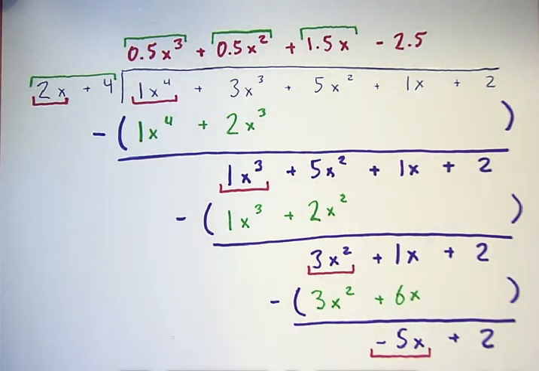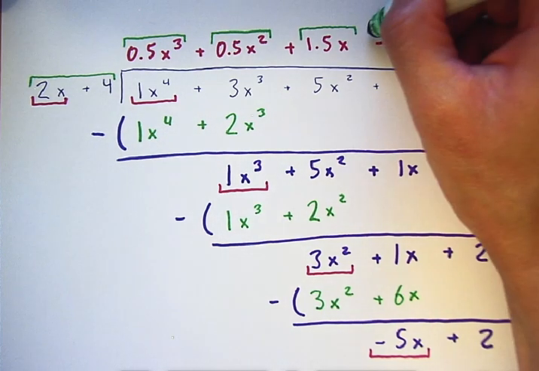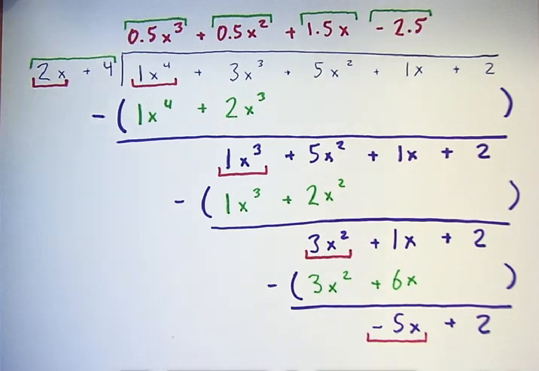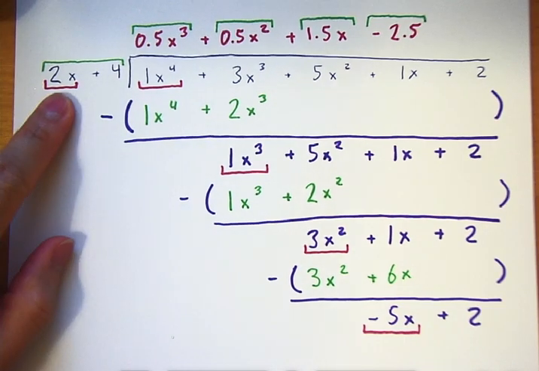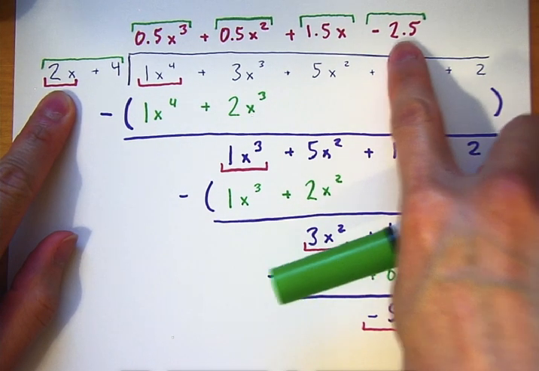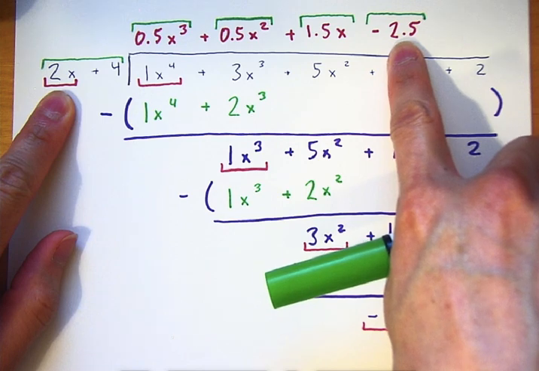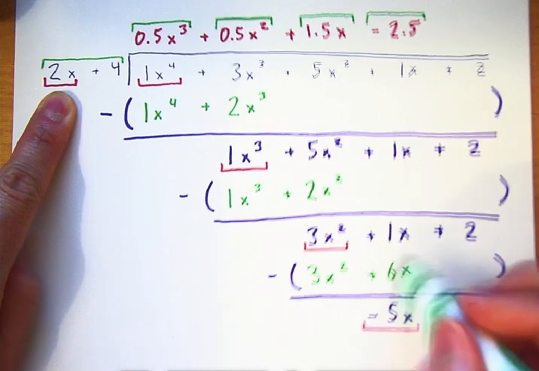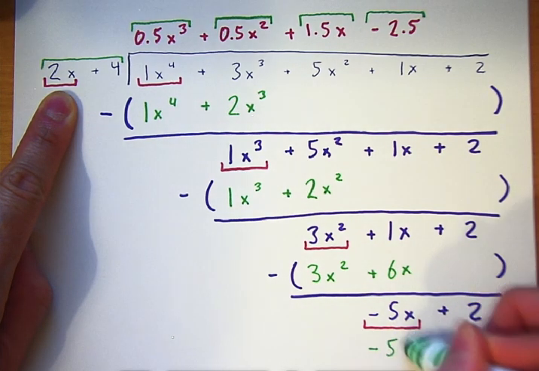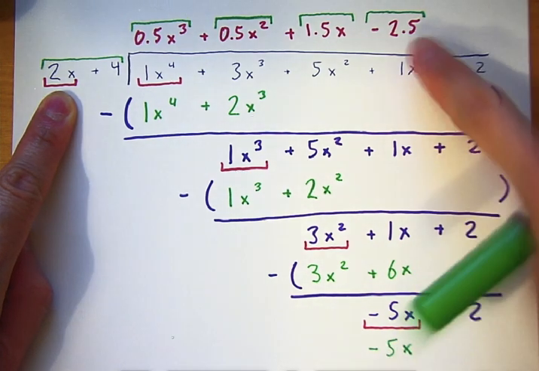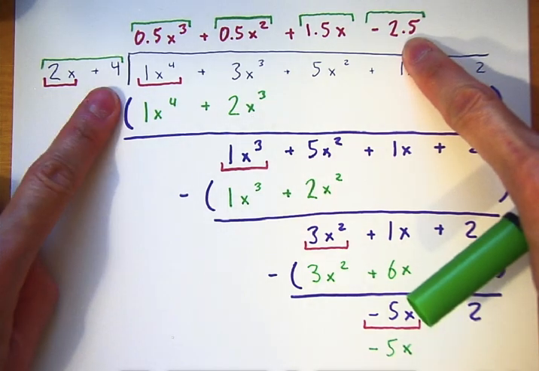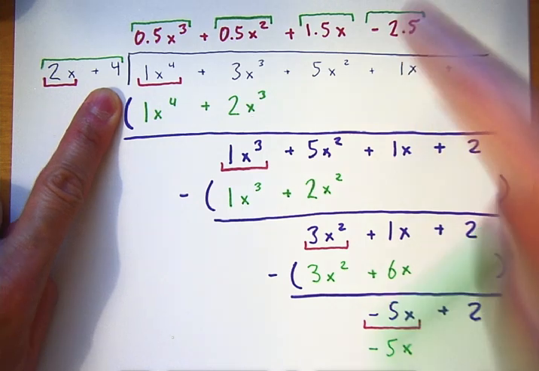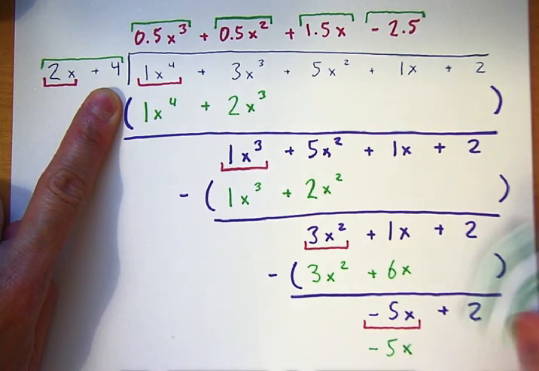I'm going to multiply our last term in our quotient by our divisor. Negative 2.5 times 2x is negative 5x. Negative 2.5 times 4 will get me negative 10.